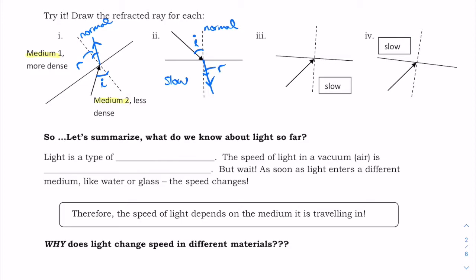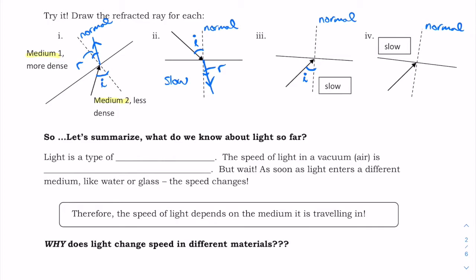Two more to go. I'll always label the normal just to make it clear. Actually, let's do that in both diagrams. Okay, so here's our incident ray of light with the angle of incidence. It looks like we're going now from a slower material to a faster one.